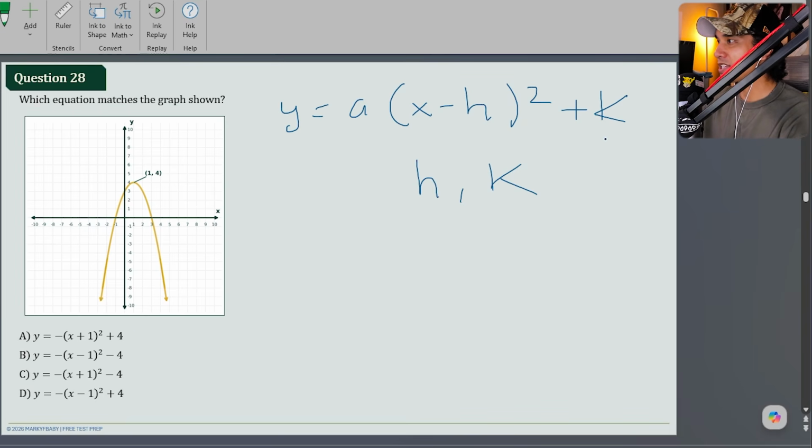So this right here, k, is equal to positive 4. From our answer choices here, we can get rid of B and C because these are negative. Now we need to figure out h, and h is equal to 1.